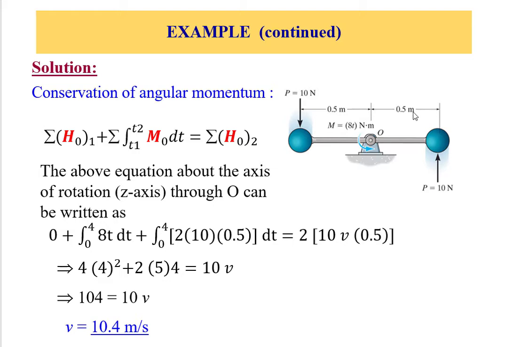First is r cross the force P, and since r is equal to 0.5, and since P is orthogonal, sine theta is 90, or sine 90 is equal to 1, therefore the moment of this part is 0.5 by 10 plus this also causes another moment, 0.5 by 10.